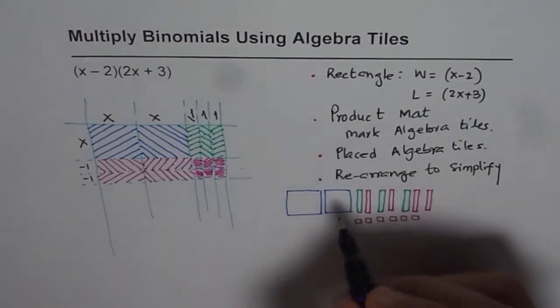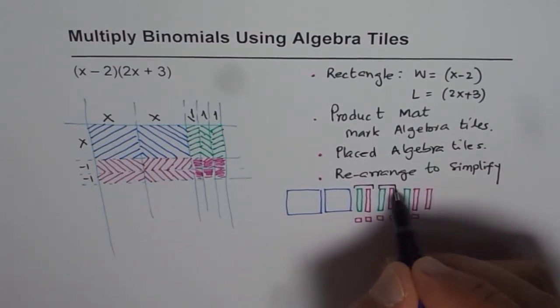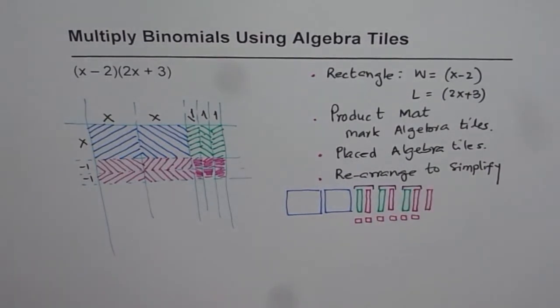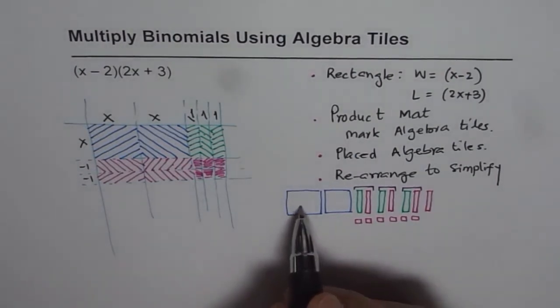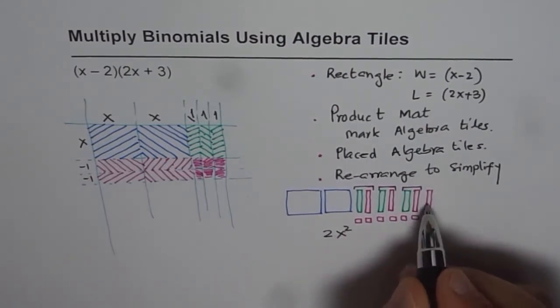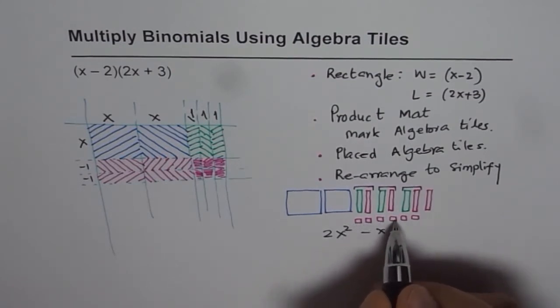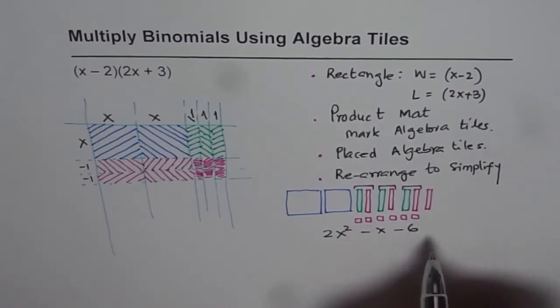As you can see here, positive and negative x tiles become 0, right? So that cancels out. So they become zeros, right? So what you are really left with is 2x squared, negative x, 1, 2, 3, 4, 5, 6 negative, right?